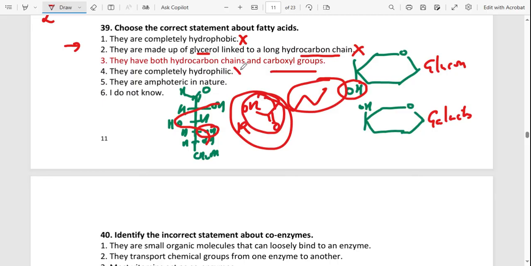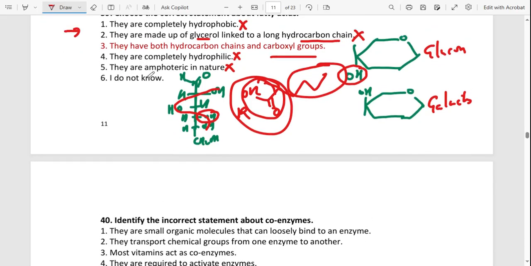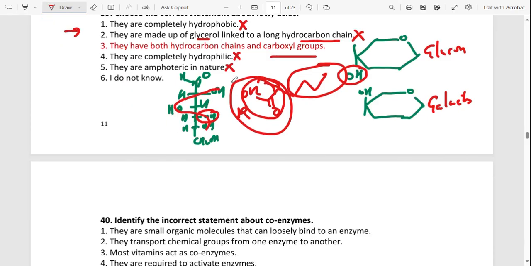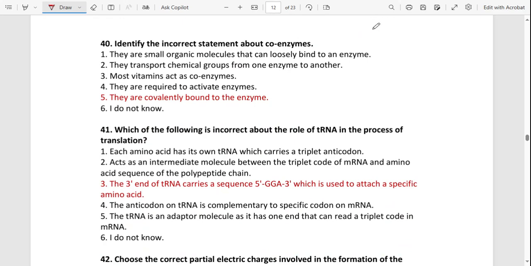They are completely hydrophilic, that's also false. They are amphoteric, that's also false. Amphoteric means both acidic and basic. Actually, what means hydrophobic and hydrophilic is amphipathic. There is amphipathic and there is amphoteric, so you need to differentiate those two terms.